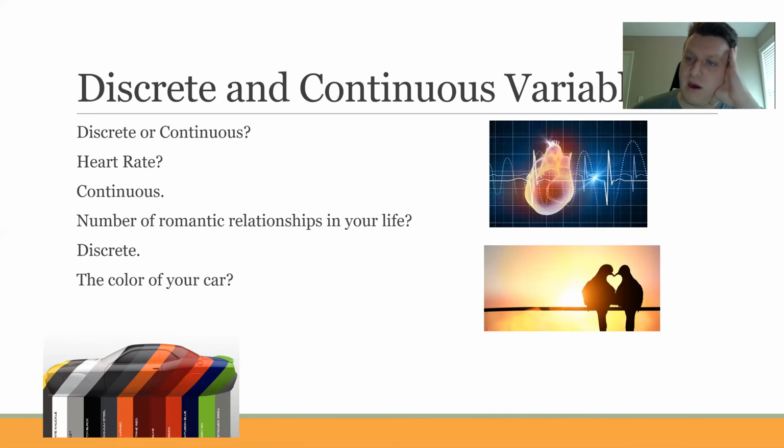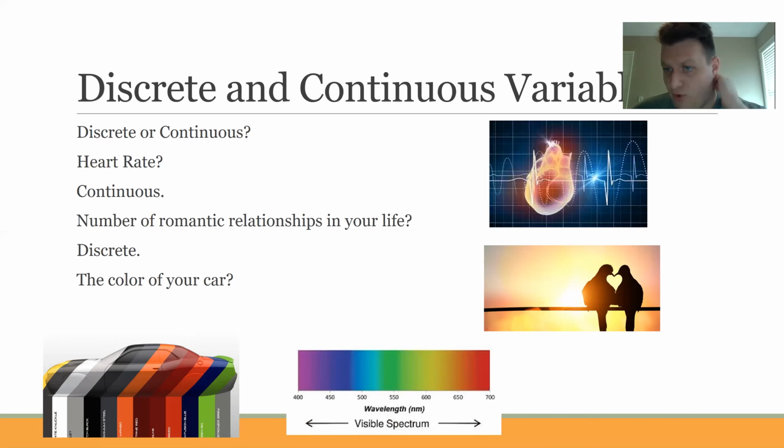But we could say color in terms of the wavelength of light, and in this regard, it would be continuous. So we could treat color as both a discrete variable or a continuous variable. But most of the time, there's only a limited number of colors. It's not like you see very many colors that are fuchsia or chartreuse for a car. So it depends on how we measure the color.